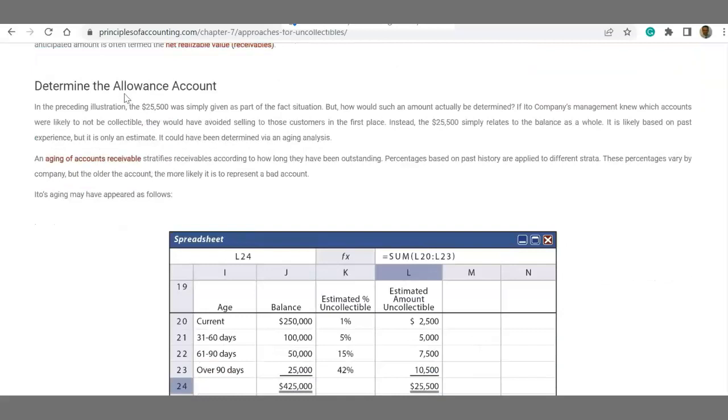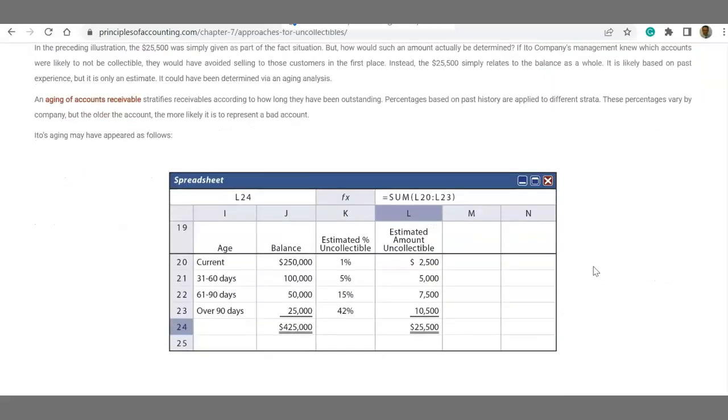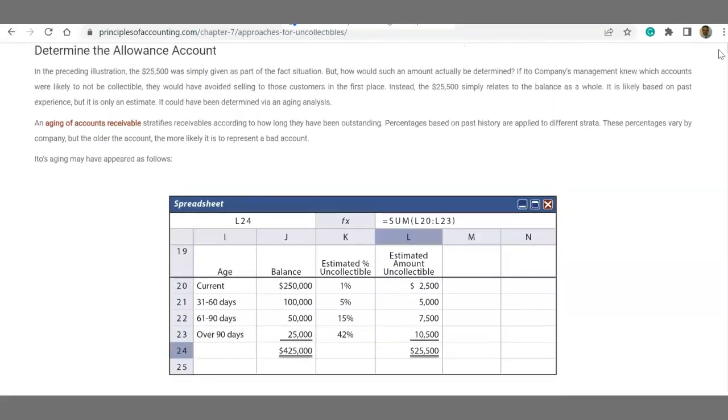So how much that allowance should be, you have to estimate that. You have a few ways to estimate. One way is estimating based on credit sales for the whole year, which is not in your book, this part that I'm saying.